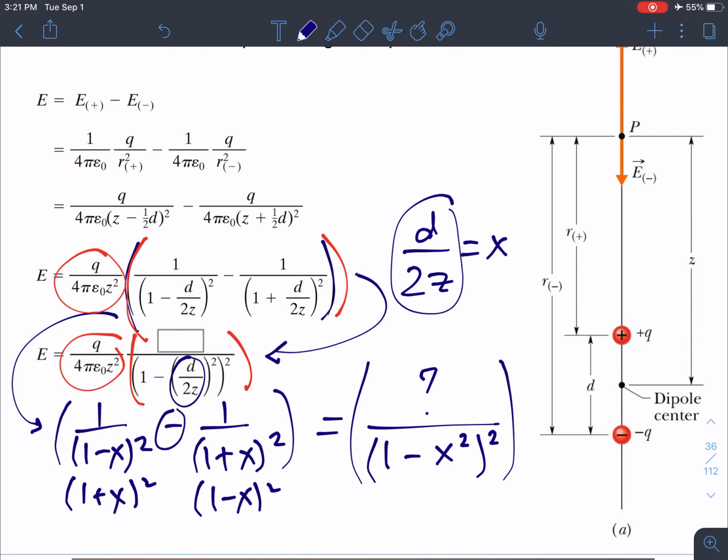And it turns out when you do that, 1 plus x squared times 1 minus x squared, that is really the same thing as raising those squares and putting them under 1 square.